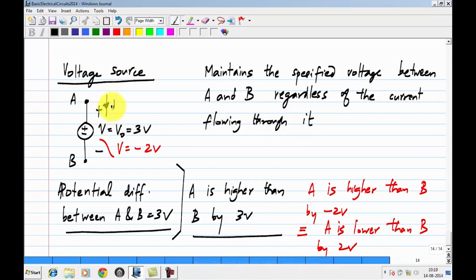So it doesn't matter what the value of I is, the voltage between A and B is maintained to be 3 volts or whatever V naught is.